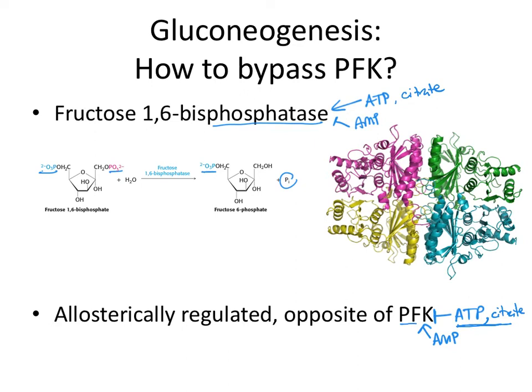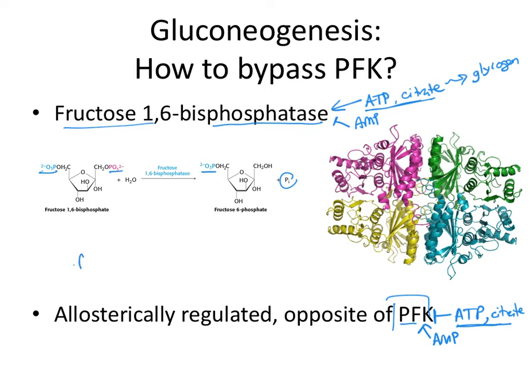Whereas if we have high levels of ATP and citrate in the cell, it will signal maybe we should produce glucose and then store glucose as glycogen by running gluconeogenesis. It's this reciprocal regulation of PFK and fructose 1,6-bisphosphatase that allows our cells to use the same enzymes for glycolysis and gluconeogenesis, but never run the same pathway in a single cell.